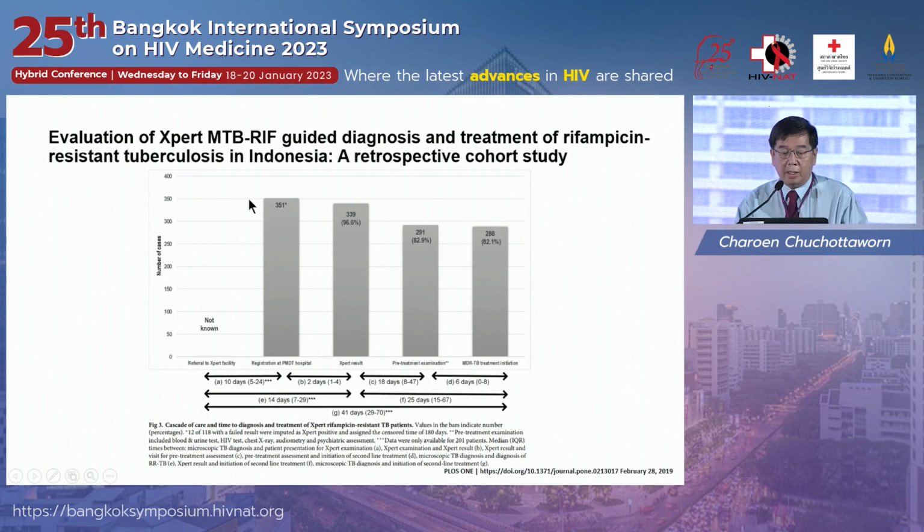Indonesia has a delay of 41 days. So it means that even if you have a new tool which is very sensitive, you have to manage the test near to the patient. I cannot say that this is a point of care test. I would like to say that we should manage this test as a near-patient test, not a point of care test, for technical reasons underlying this concept.